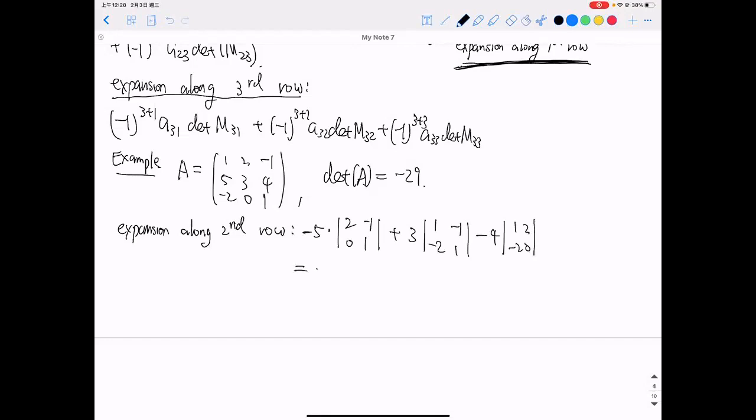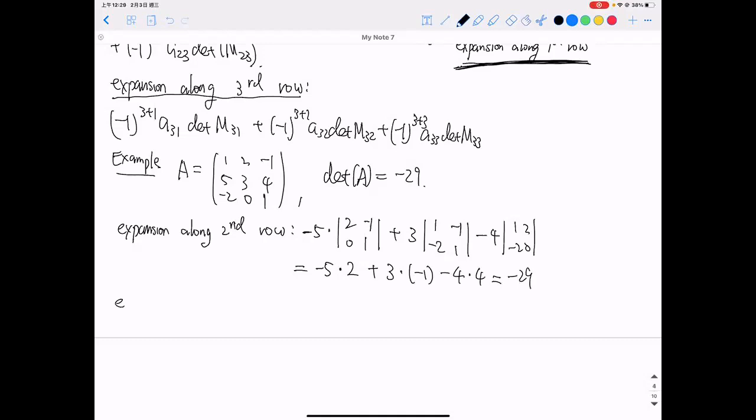This is minus 5 times 2, plus 3 times, this is 1 minus 2, negative 1, minus 4 times negative 4, so 4. So this is negative 10, negative 3, negative 16, negative 19, negative 29.